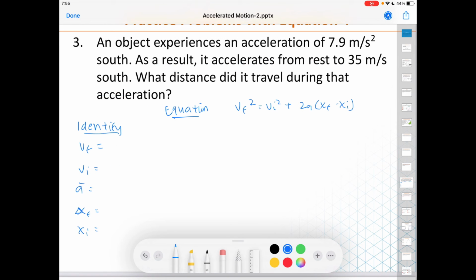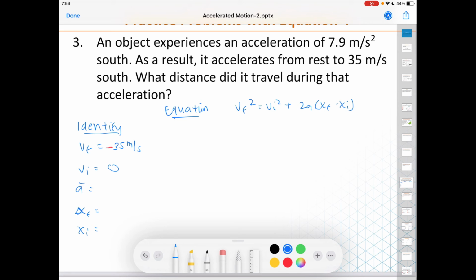Last example, we have an object that has an acceleration of 7.9 meters per second squared south. As a result, it accelerates from rest to 35 meters per second south. What is the distance it travels during that acceleration? We know that the object is starting from rest, so we have a 0 initial velocity again. It then is going 35 meters per second south, which tells us that the velocity is going to be a negative 35 meters per second.